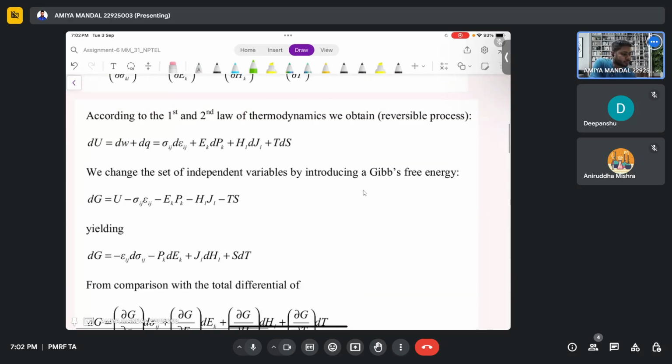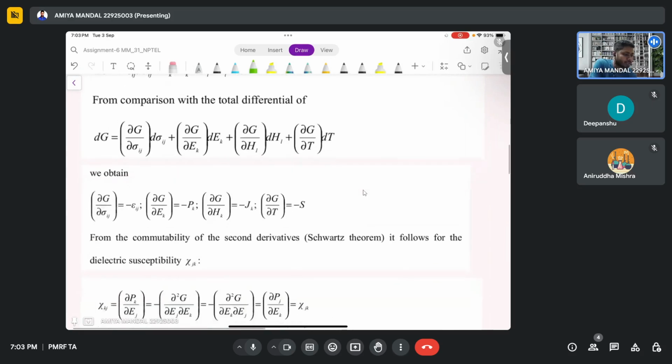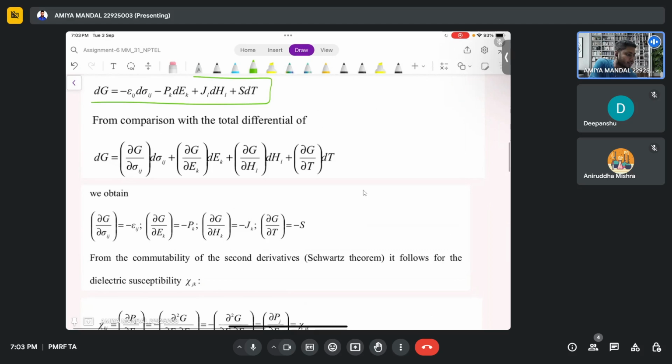So the first and second law of thermodynamics: internal energy equals work done plus the external work. On this basis sigma_ij should be there, polarization should be there, heat should be there, entropy should be there, and delta G is nothing but U. So finally delta G will vary as sigma_ij, E_k, H_k.